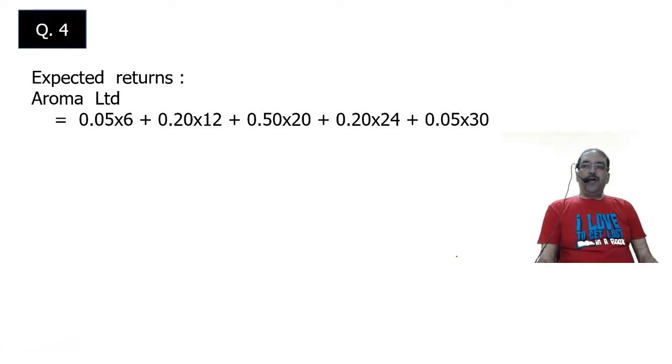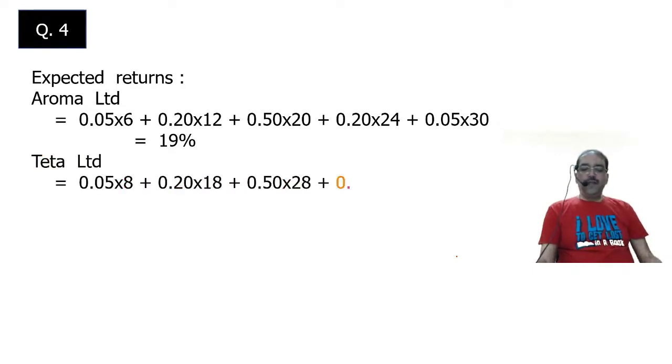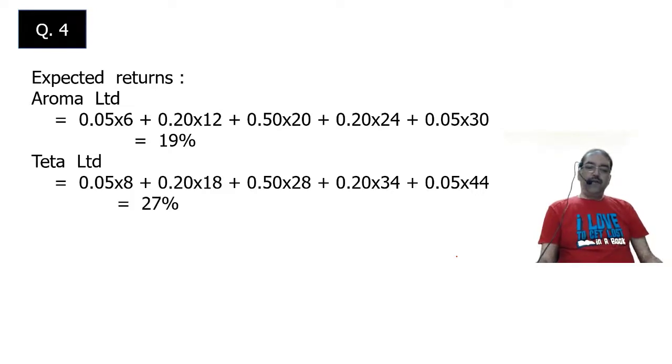When you multiply all these figures, you'll get 19%. For Theta Limited, in the same way, each probability is multiplied by the respective security returns. That will get us 27%.